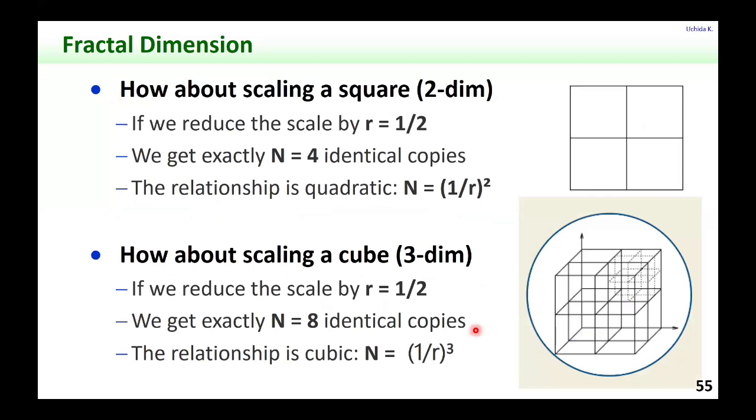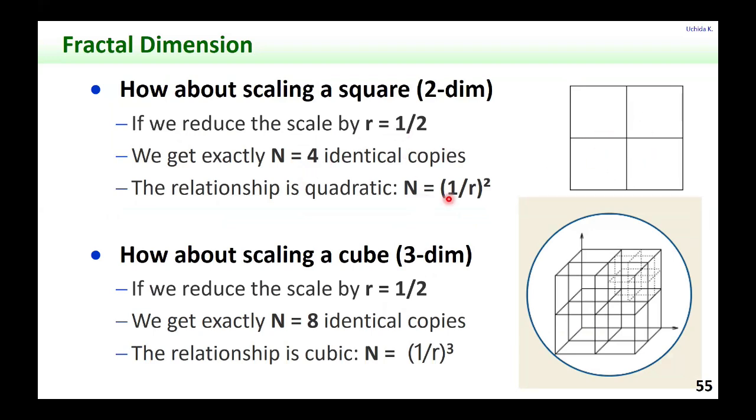Likewise, if you think of two-dimensional space, if you have a half-size square, we have 4 such smaller squares. If you reduce the scale by half, we have exactly 4 identical squares.